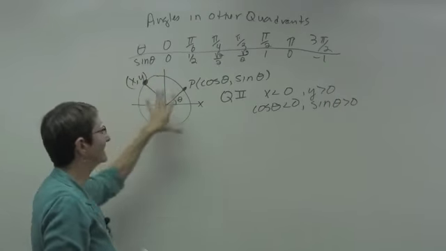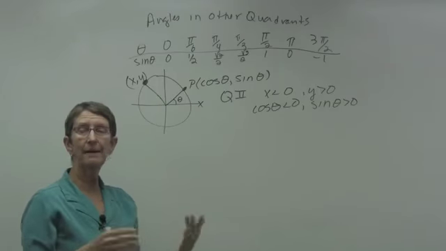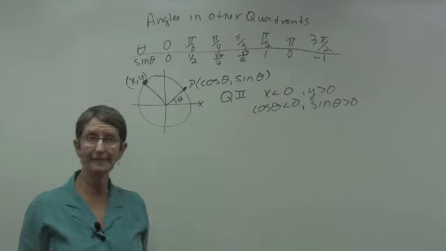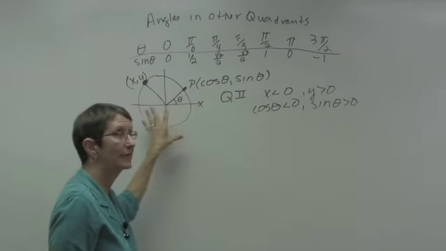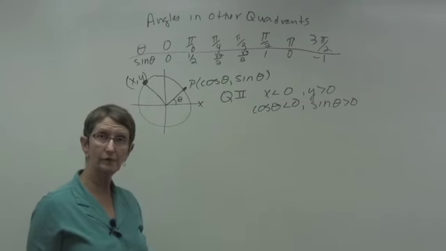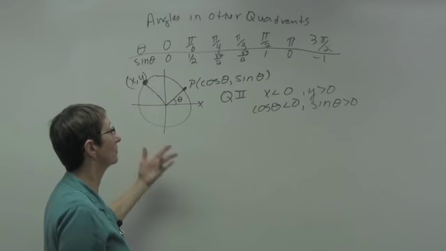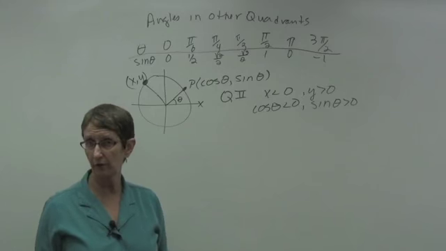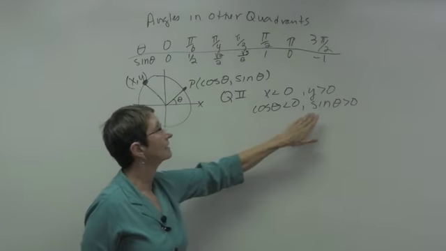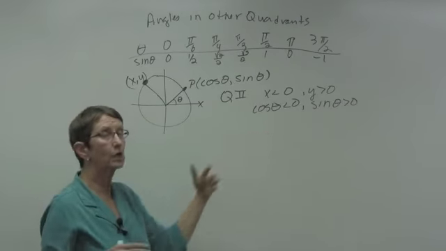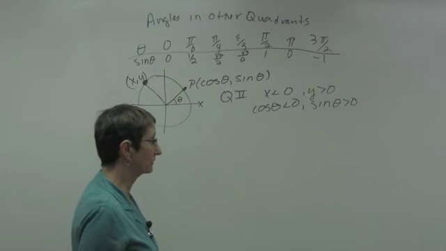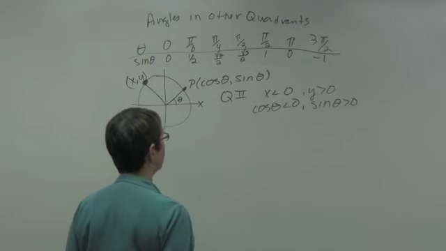So you already know the plus and minus signs that go with x's and y's, so just use those to figure out when sine or cosine are positive. And then because we know that the other trig functions are in terms of sine and cosine, you can always determine what you're looking for.